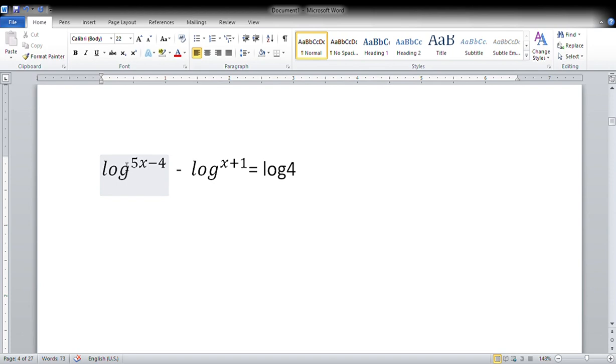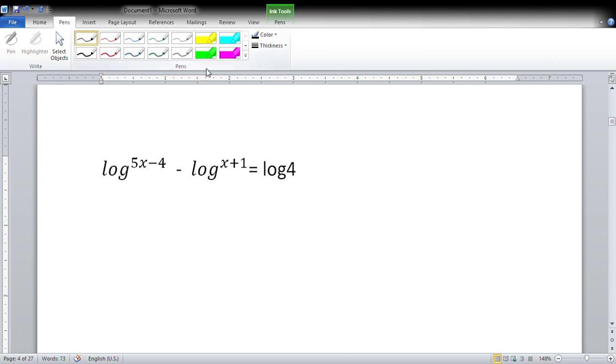Already I have studied, if there is a minus between logs with the same base, we can simply divide the numbers. Suppose I give an example: log p with the base a minus log q with the base a.